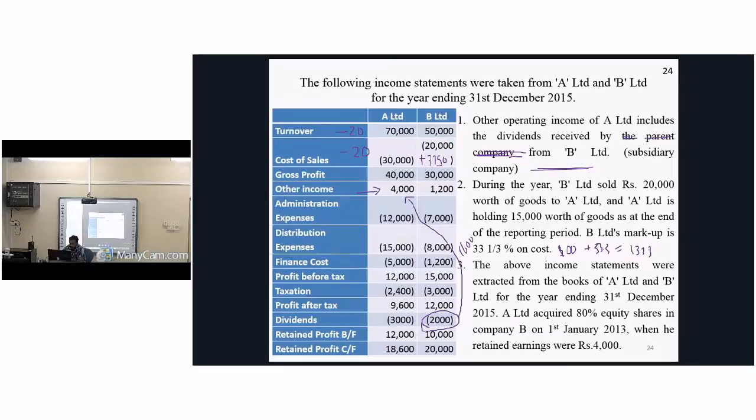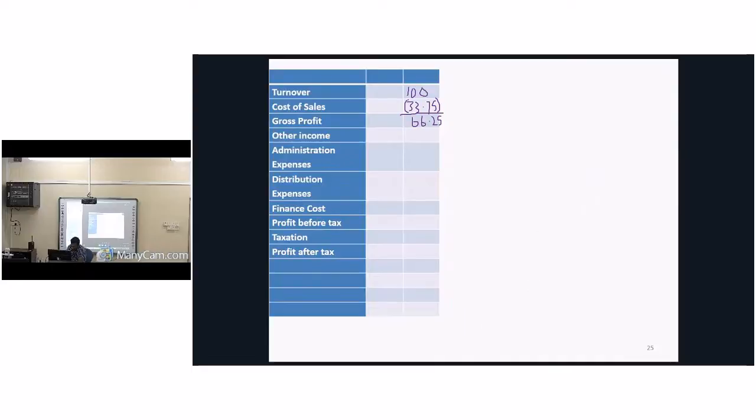Out of this 2,000, 1,600, meaning 80%, will be paid to the parent. So from the group perspective, what we have to do? We have to subtract this 1,600 as intercompany other income. So from the group perspective, I'll take only 4,000 minus 1,600 plus 1,200, then here only 3,600. 3,600 means 3.6.